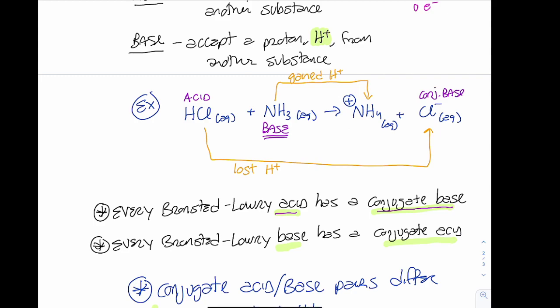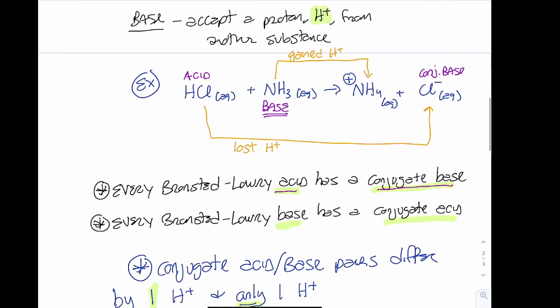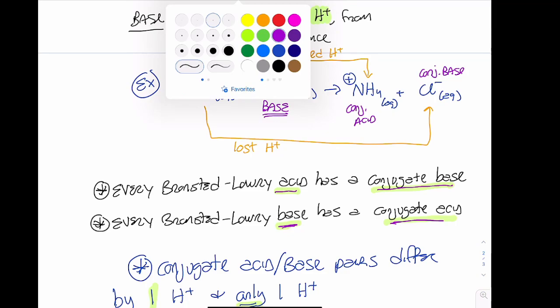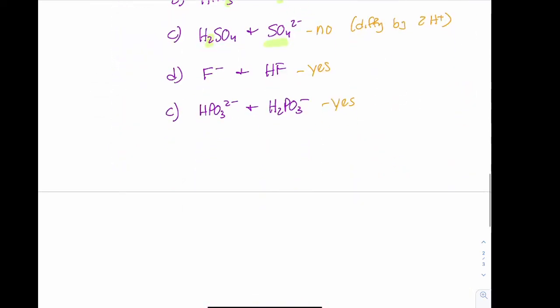And then my base differs, right? My conjugate acid, I should say, differs from my base by 1 proton, right? Every Bronsted-Lowry base has a conjugate acid. They differ by 1 proton. So this is my conjugate acid. So those would be the pairs, right? This one and this one differ by H+ and only H+. Ammonia and ammonium ions differ by H+ and only H+. So let's write that in some words down here.